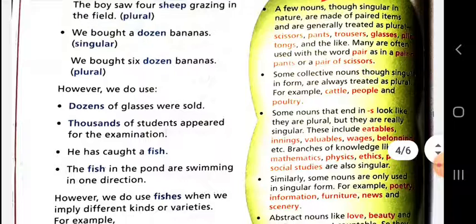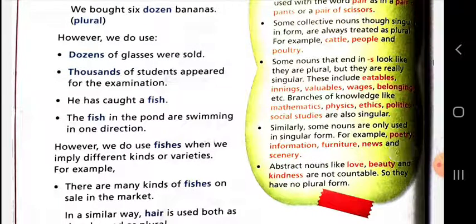Some nouns that end in S look like they are plural, because their last letter is S, but they are always singular. Eatables, innings, valuables, wages, belongings, etc. Mathematics, physics, ethics, politics, social studies are also singular.